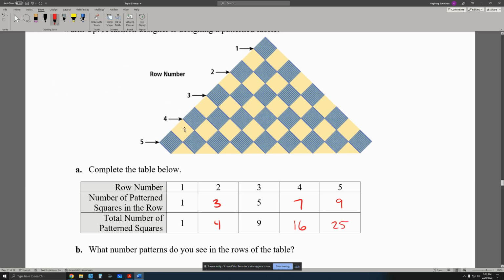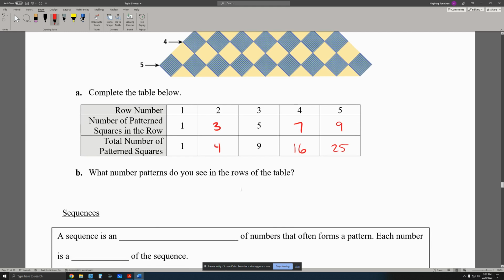Okay? So what pattern do you see in the rows of the table? Well, I noticed that the rows are just increasing by 1. That's just indexing the row number. But in the number of pattern squares, we're increasing by 2 each time.